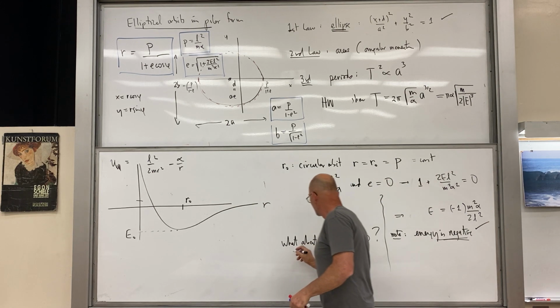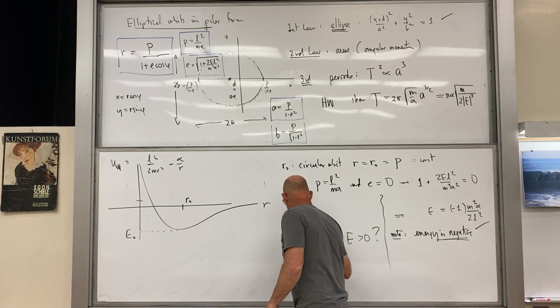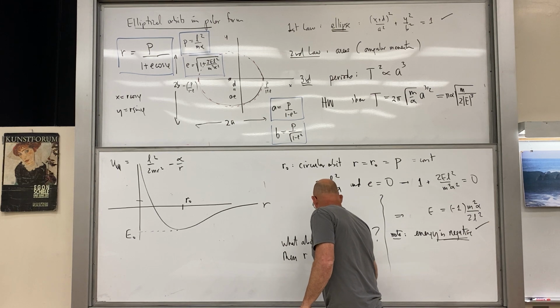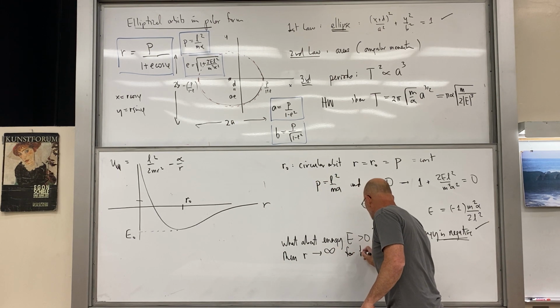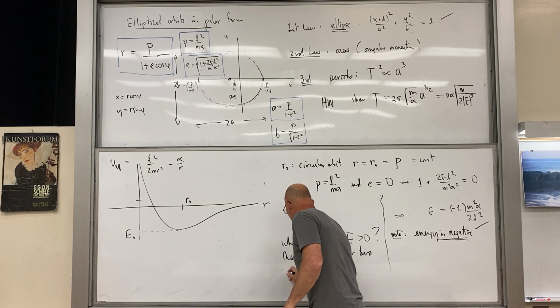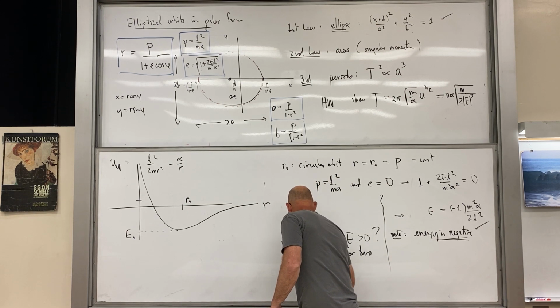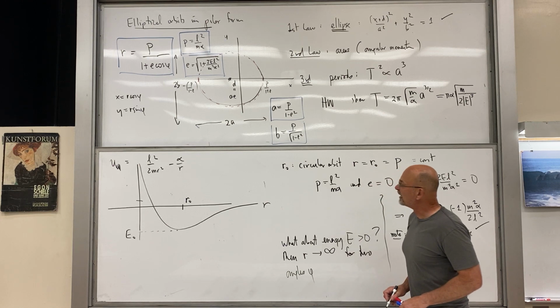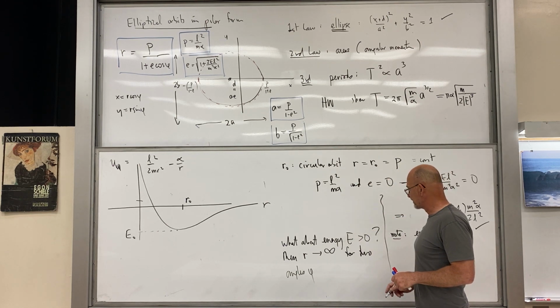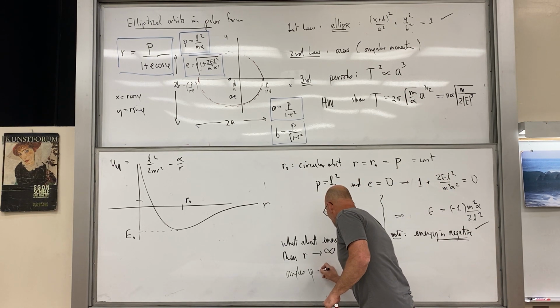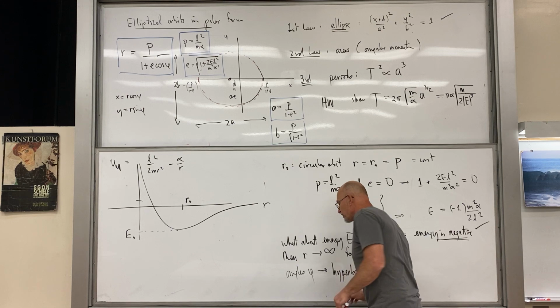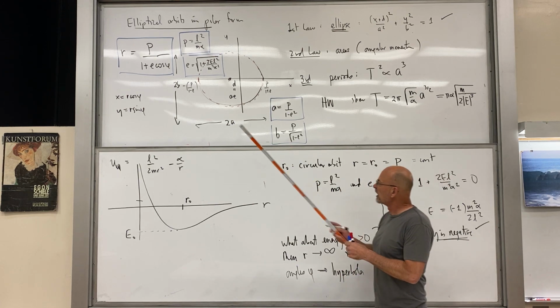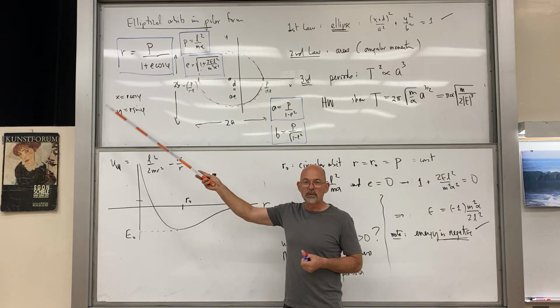So r goes to infinity for two angles phi, again referring to that right there, and we're talking about a hyperbolic orbit, a hyperbola. If you wanted to, you could show that that's the polar form of the hyperbola.